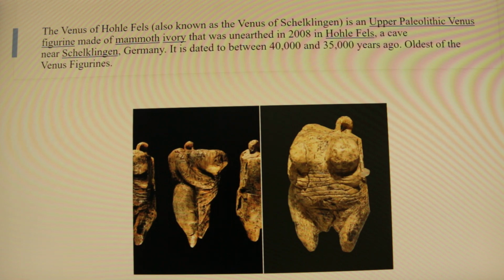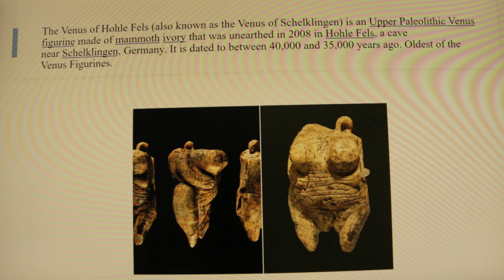The dating of these things is relative, and I always say that. We know that the Venus of Hohle Fels is so much older just because of the mammoth ivory she's made of. So she was carried with the person who either carved her or received her as a gift, and she was worn around your neck, perhaps as a talisman, perhaps as something to remind yourself of your goals.